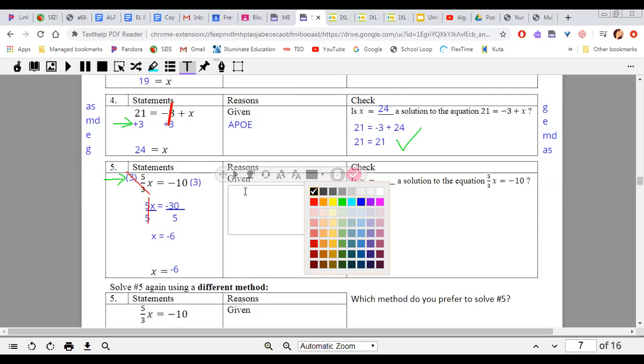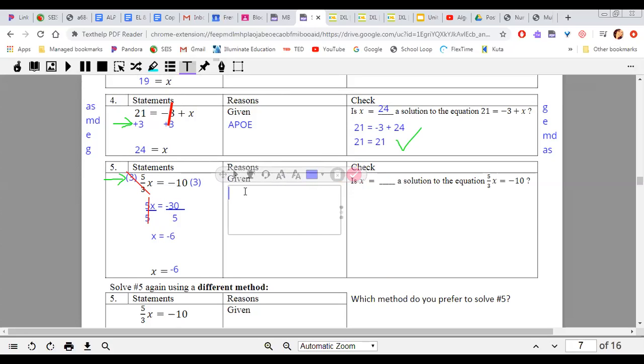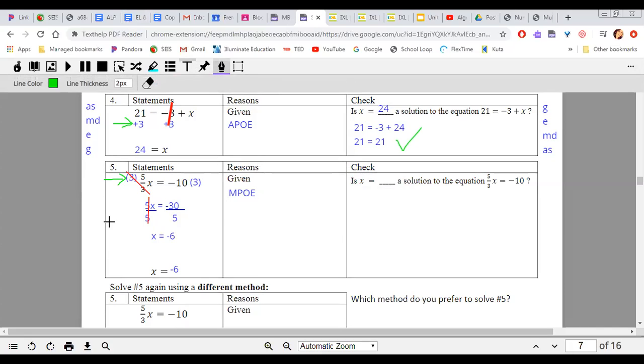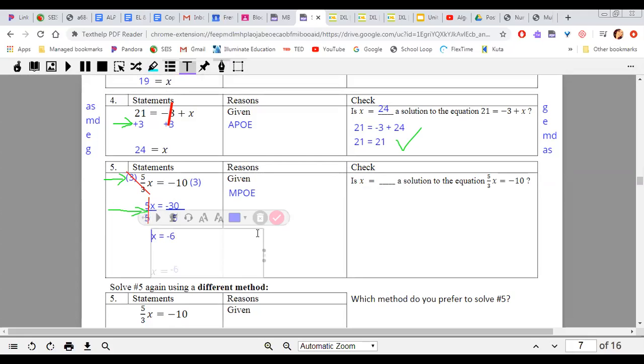Multiplication property of equality. Yeah, good. So MPOE? Yes, multiplication property of equality. Nice remembering, Jolene. Okay, and then the next one, what's the other step we did? Divide. Yeah, so we write MPOE first, and then we write DPOE second.